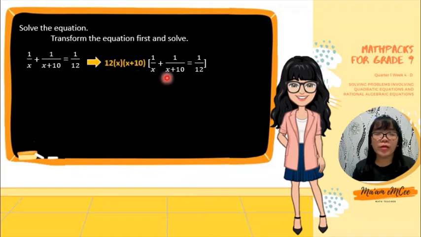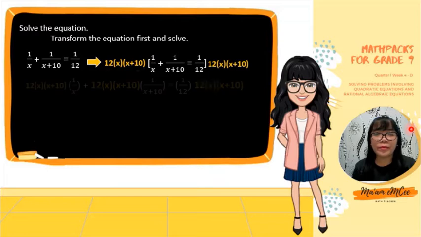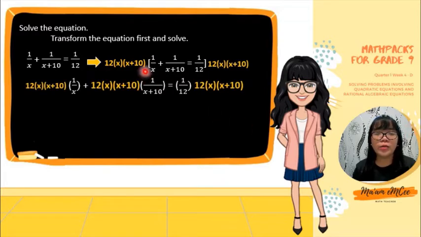So we have here 1 over x plus 1 over x plus 10 is equal to 1 over 12 multiplied by 12 times x times x plus 10. Then we simplify. So here, we need to distribute 12 times x times x plus 10 because we have two terms here. So the LCD will be multiplied to 1 over x and will also be multiplied to 1 over x plus 10.